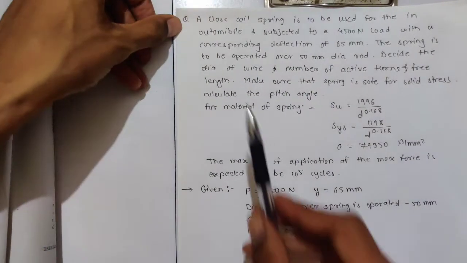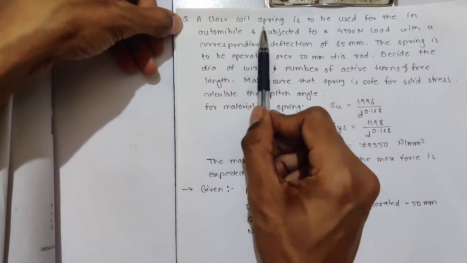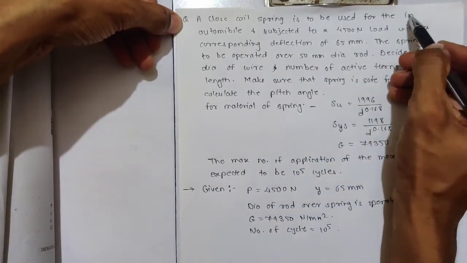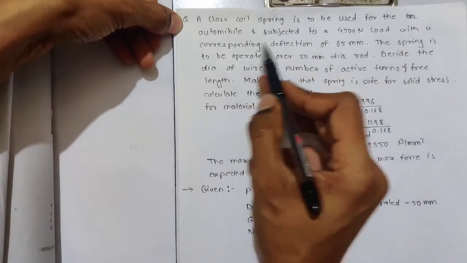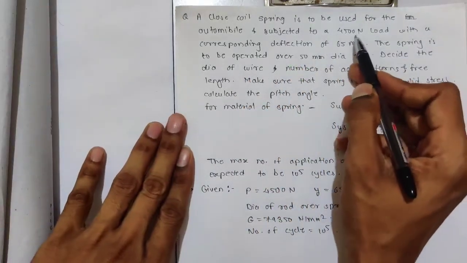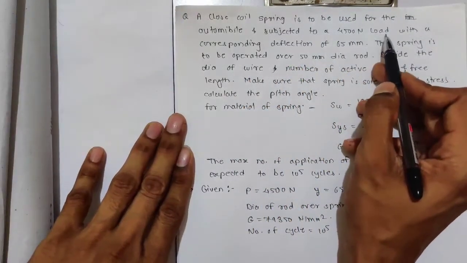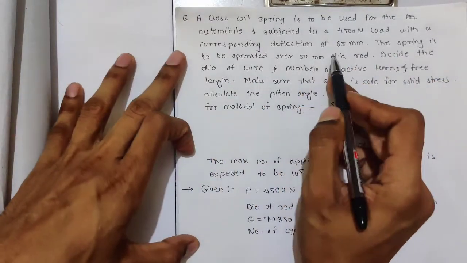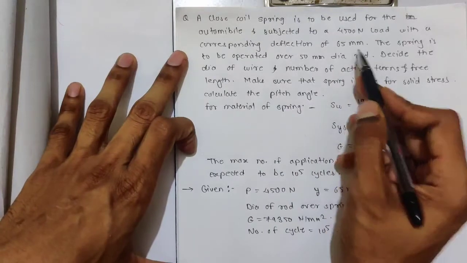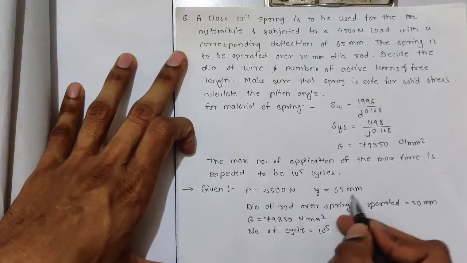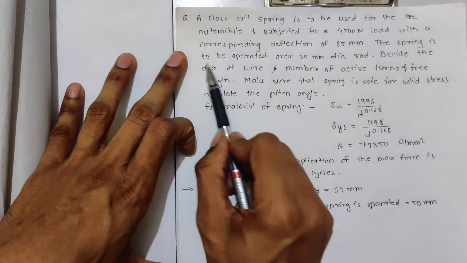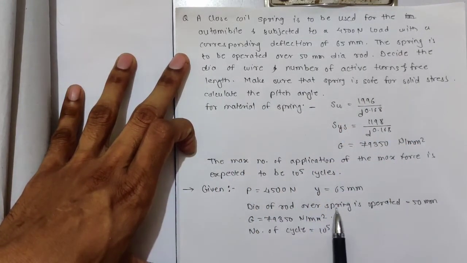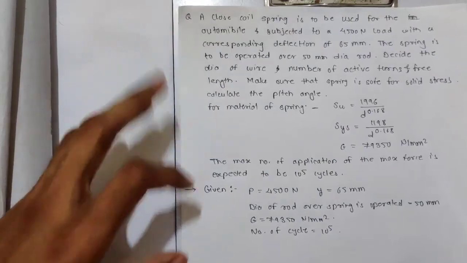The question reads: a closed coil spring is to be used for an automobile, and is subjected to a 4500 Newton load. So a single load is given, so again it is a static approach, with a corresponding deflection of 65 mm. Y is given, so P is given, Y is given. The spring is to be operated over a 50 mm diameter rod. What does it mean?